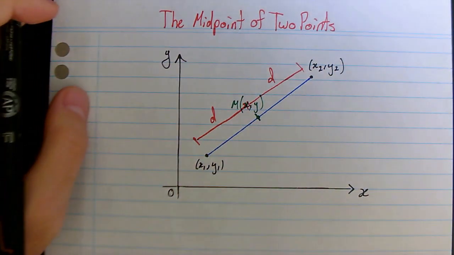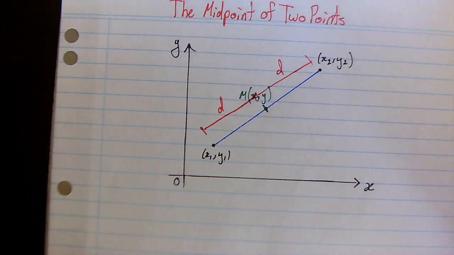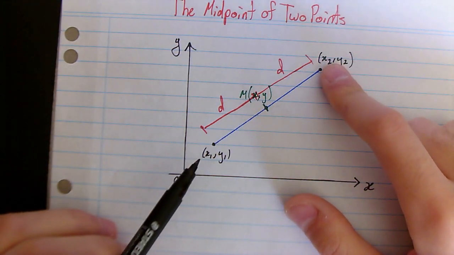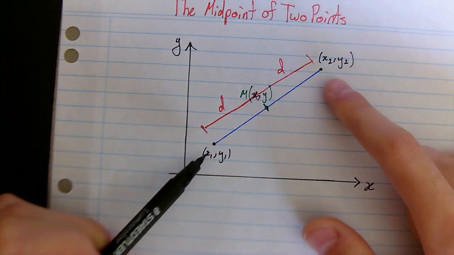And how do we calculate average? Well, when we consider the average of something, we sum up all the data values we have and divide it by the amount of data values we have. So in this case, we have two coordinates, and we're going to be adding them together and dividing by how many coordinates we have, which is just 2.